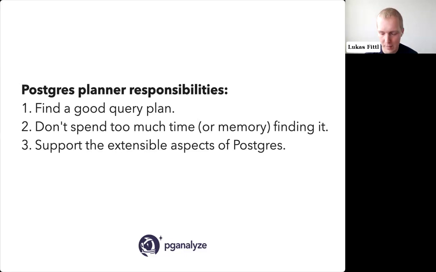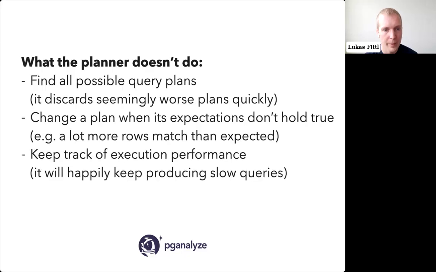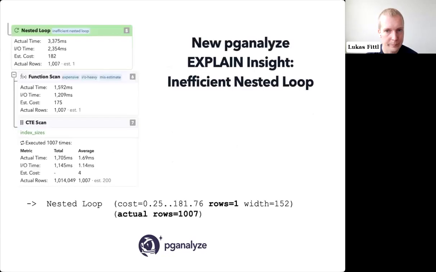There's no feedback mechanism essentially in core Postgres, and so again, it doesn't keep track of execution performance. It doesn't change the plans when the expectations don't hold true, right? So if more rows are matching, all these things are not something the planner is doing, which is really why we're here, right? Because we have a suboptimal system in production that behaves in a certain way, and we need to tweak it sometimes to get the right result.